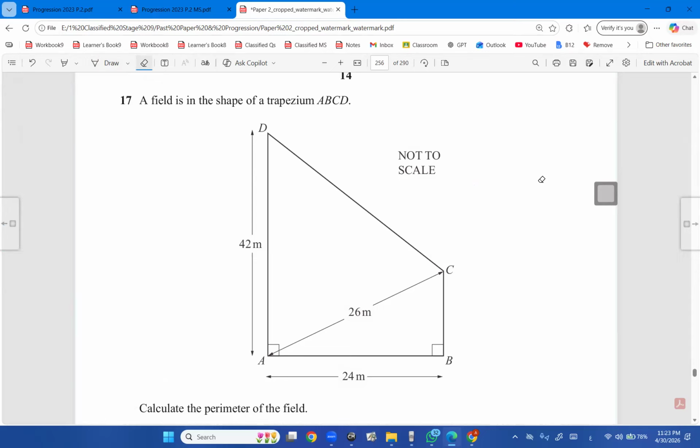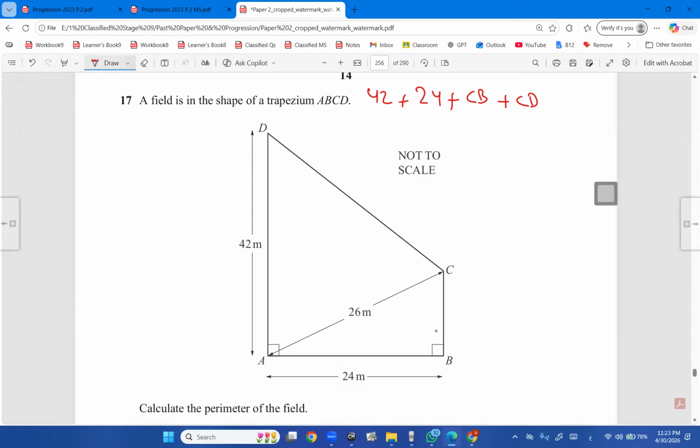I know now I have two sides of the outline of the shape. I have 42 plus I have 24 plus I need CB and I need CD. We don't have them. So here are two problems that we need to solve.